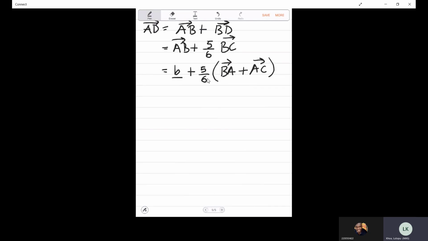And then 5/6 from B to A, and then from A to C. Okay, so this is B plus 5/6.